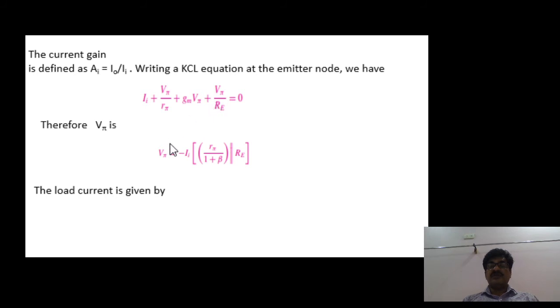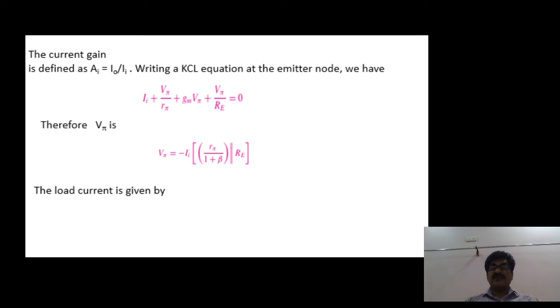Therefore, from this the V pi you can derive as minus Ii. We derived the equation previously also, but there, instead of Ii we mentioned it as Vs minus V pi divided by Rs.